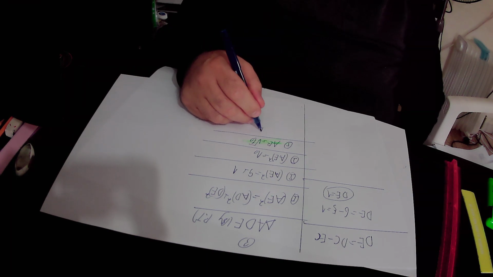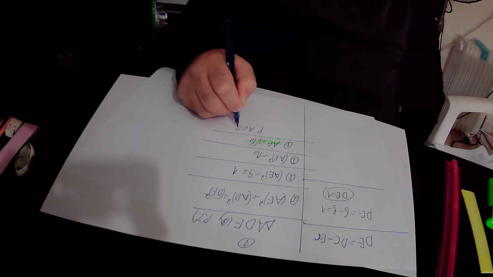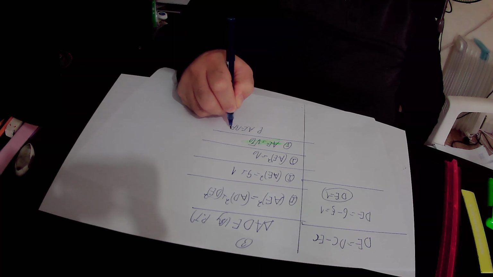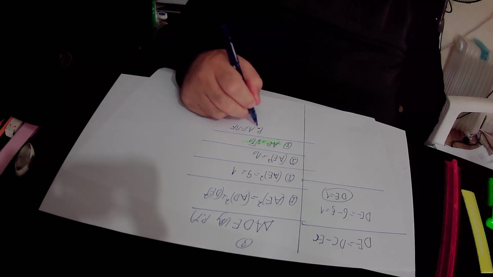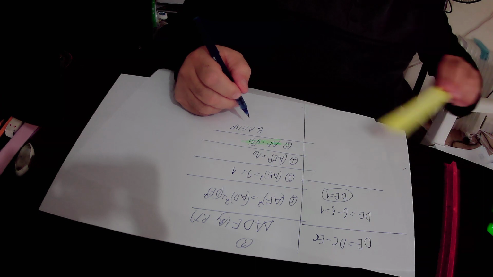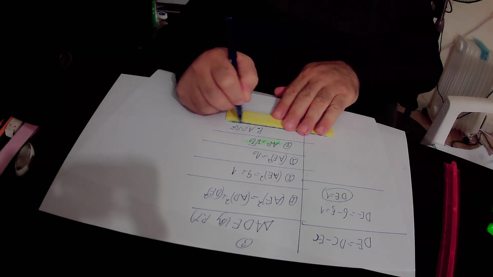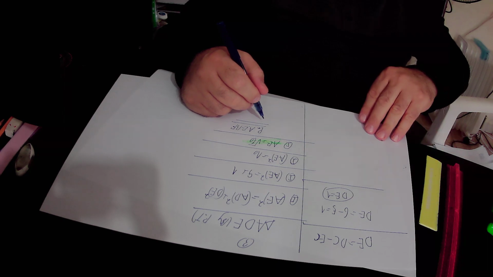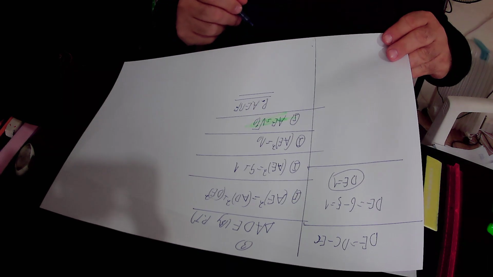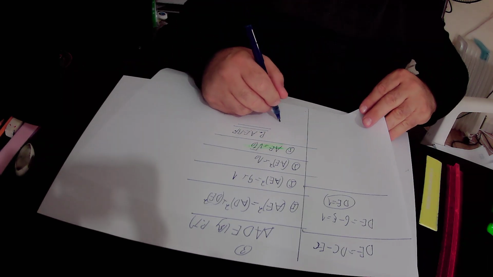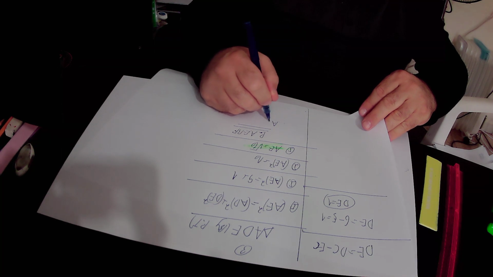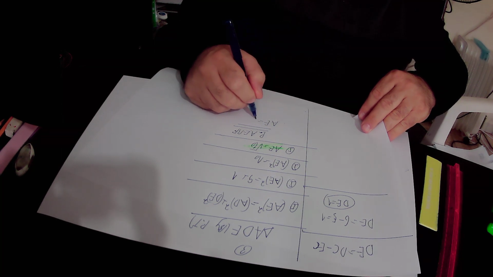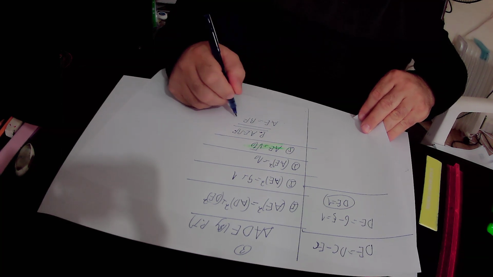In parallelogram AEBF, according to rule number 4, A equals BF.